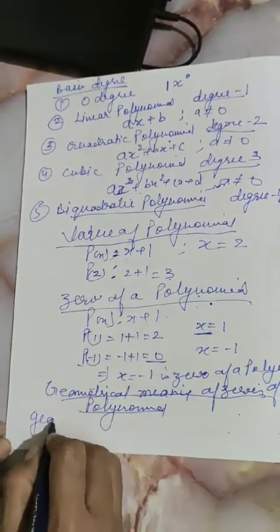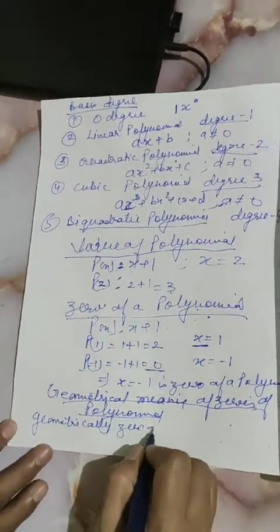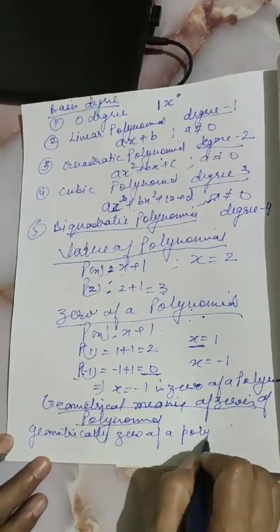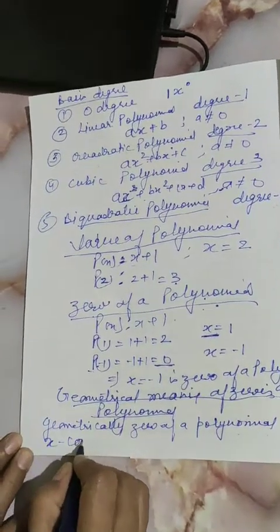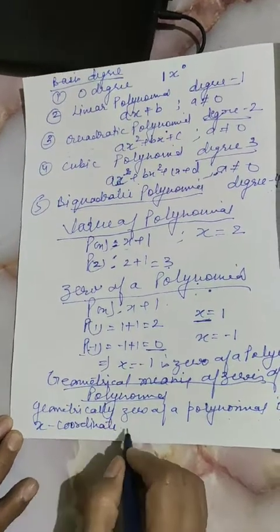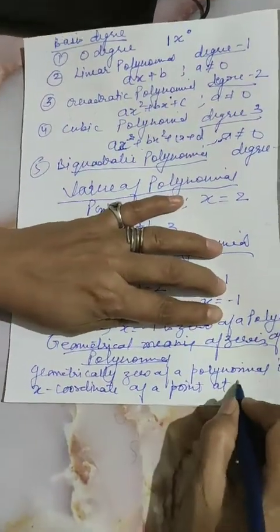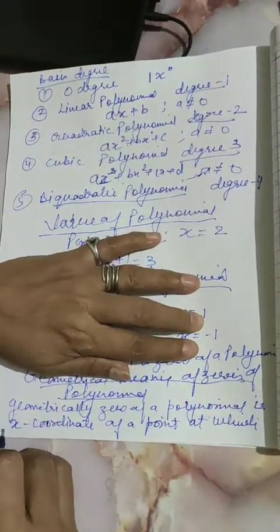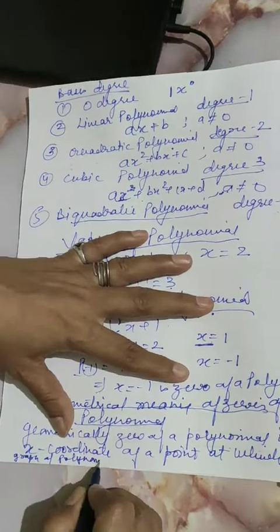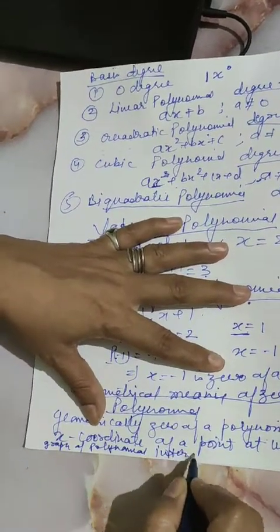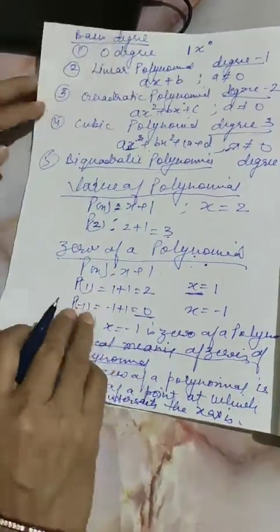Children, geometrically, zero of a polynomial is the x coordinate of a point at which the graph of the polynomial intersects the x-axis. Let me make it clear by taking an example.